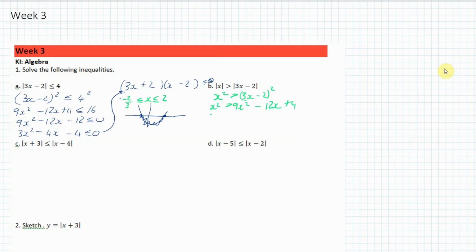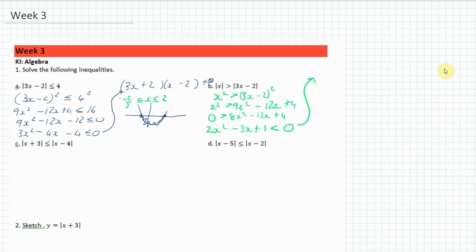Bring everything across to the right hand side, so I get 8x squared minus 12x plus 4. I'm going to divide everything out by 4. So I'm going to get 2x squared minus 3x plus 1. Now, that was less than 0. 0 was greater than that, so this will be less than 0. Okay, I've just rearranged it.